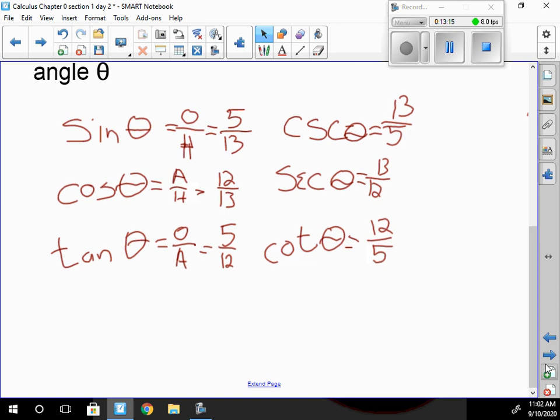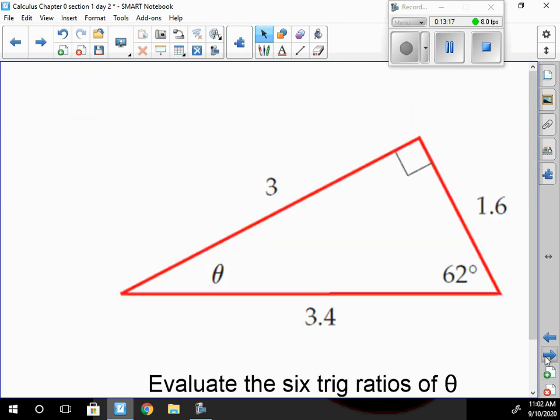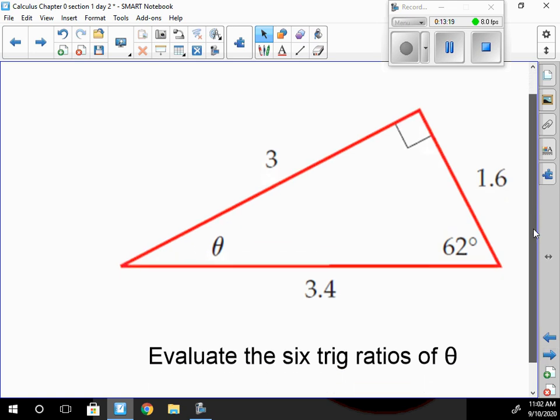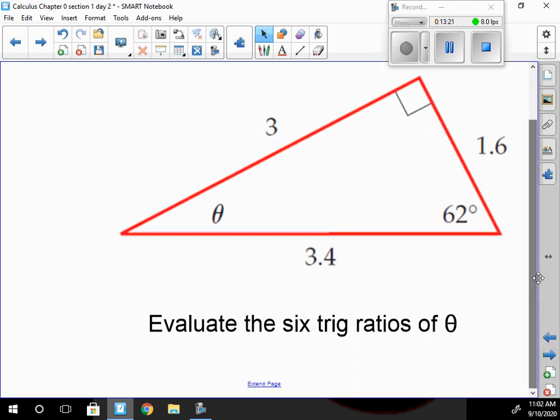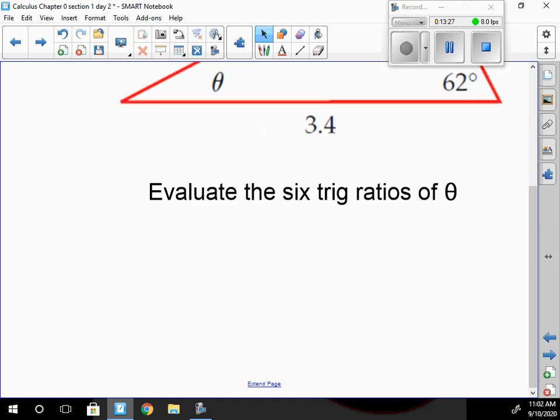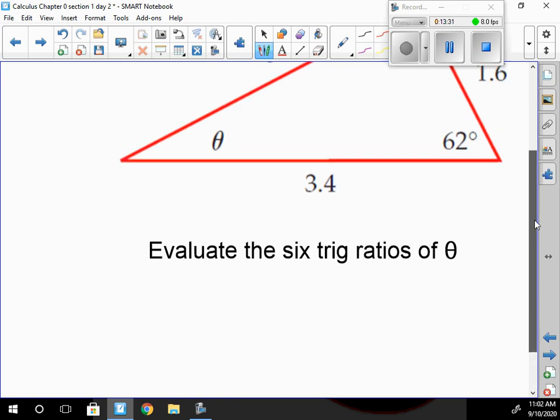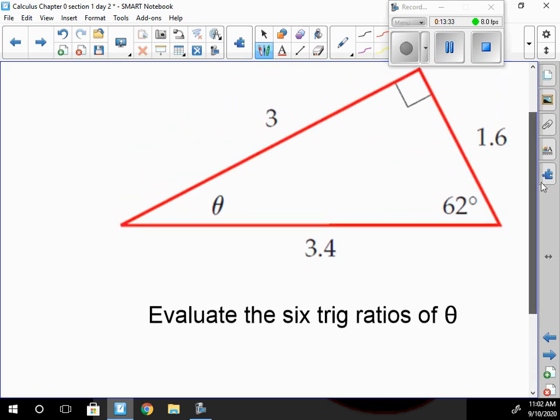I want you to try this next one on your own. See if you get it. If you can't, then watch how I do it. So I'm starting with theta down there. I have my hypotenuse, opposite, adjacent.